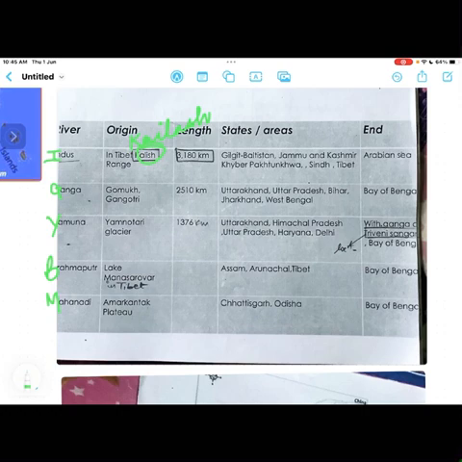Now, the method of moving forward is that I will be locating these rivers on the map so that you can identify them whenever you are asked. So let's go for Indus, Ganga, Yamuna, Brahmaputra, and Mahanadi.